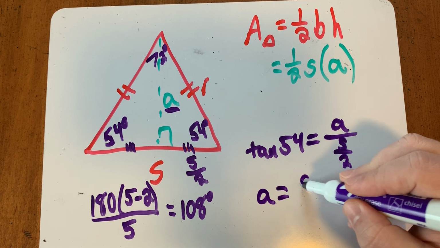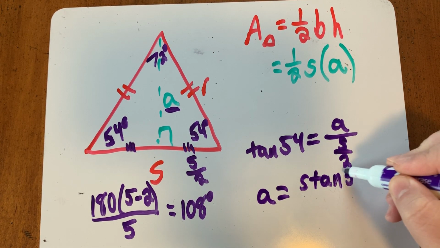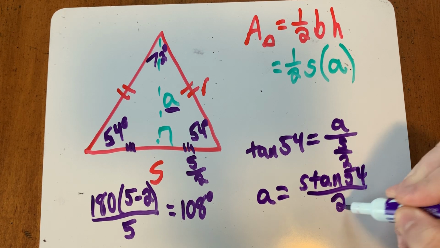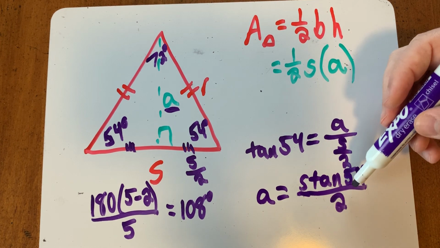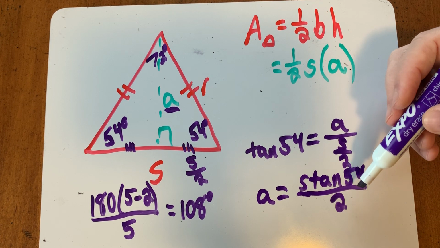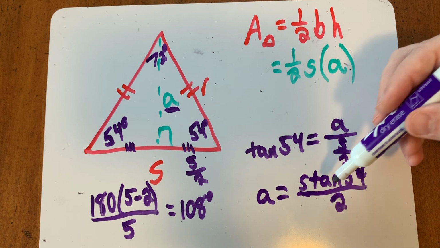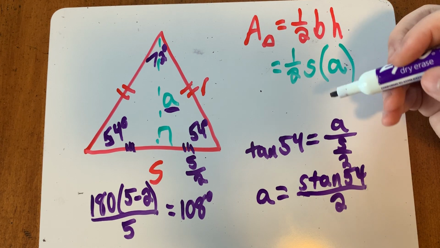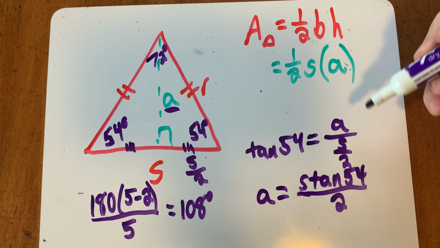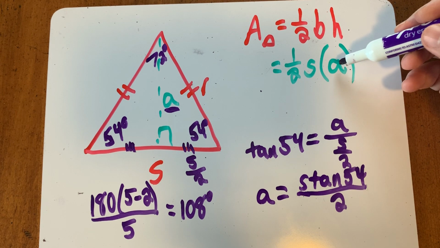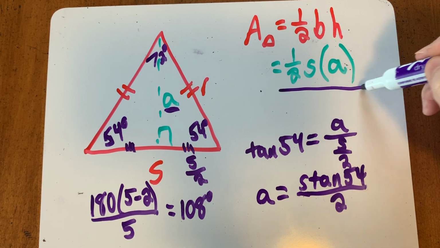So a equals s times tangent of 54 over 2. So this would be that length of the height. So the area of the triangle, I'm not just going to rewrite that every time, because that angle is going to change every time. I'm just going to leave it as a. So the area of the triangle would be this.